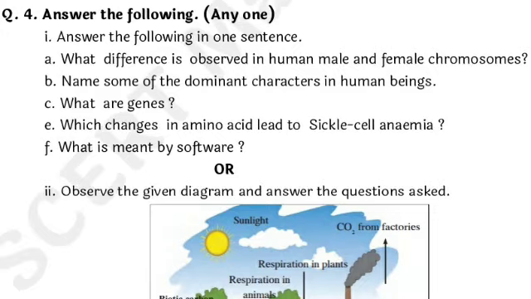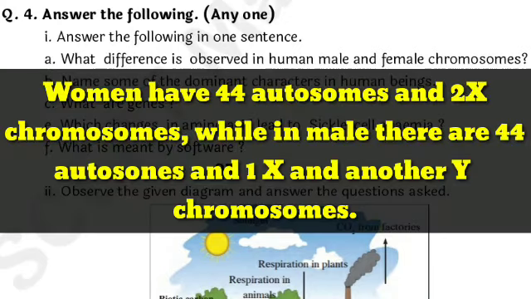Let's go to question 4. Answer the following. In this question, you have to solve any one. So let us see the answer of question 1. Answer the following in one sentence. A. What difference is observed in human male and female chromosomes?